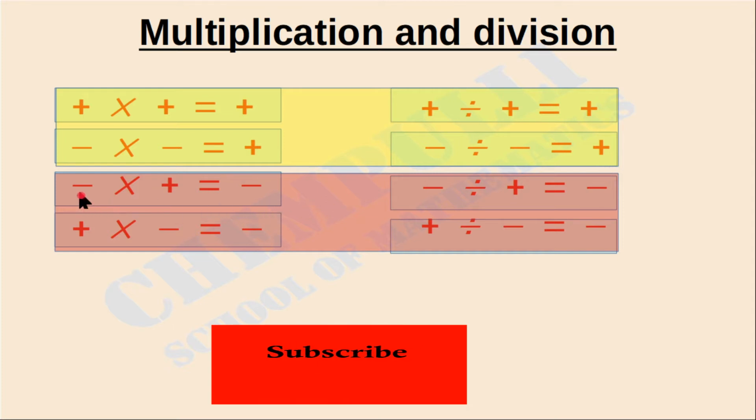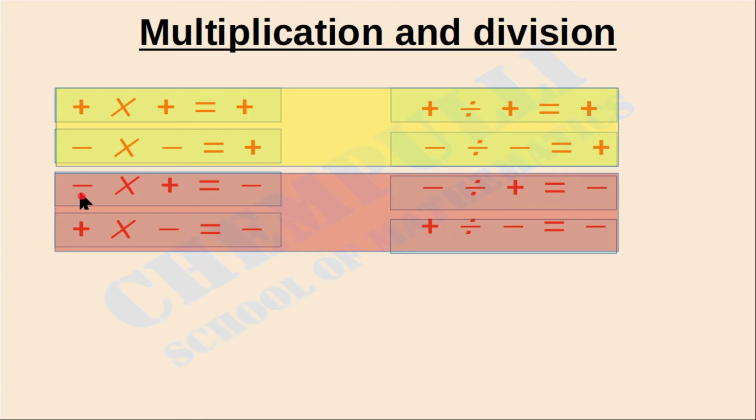If both signs are different, as in the red color part, the answer is negative. So if the first sign is negative and the second positive, or the first positive and the second negative, in both cases the answer is negative.